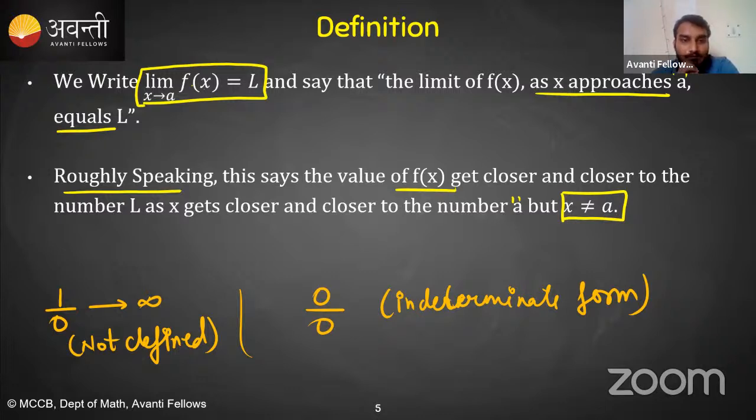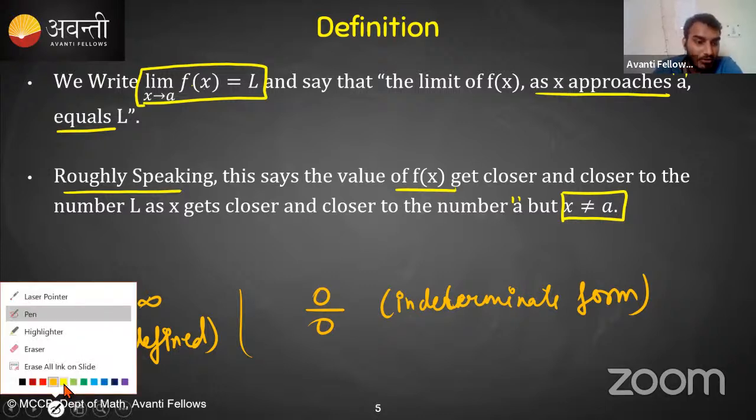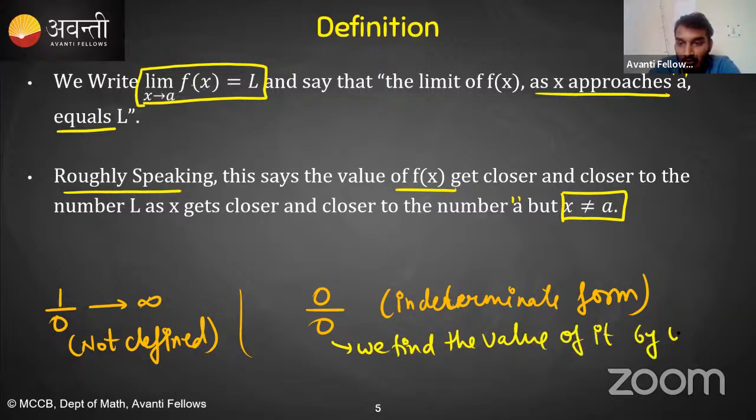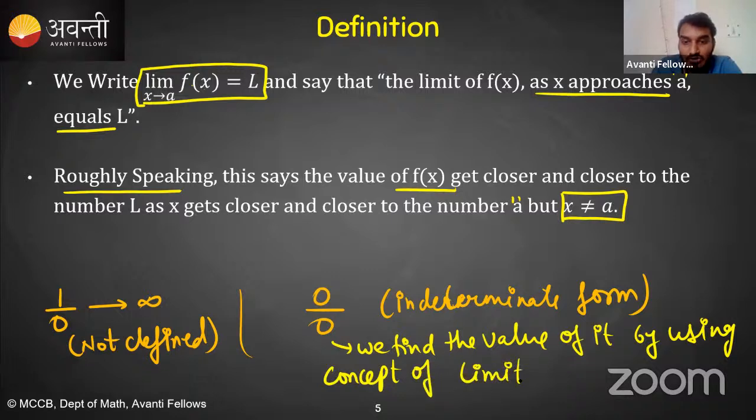Is this clear? So like that, students, there are 7 indeterminate forms where we use the limit.